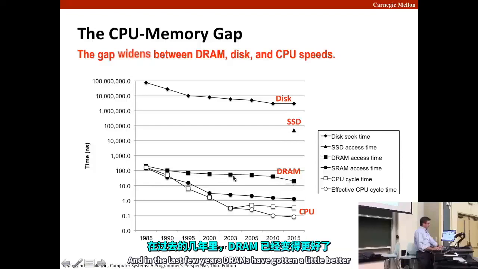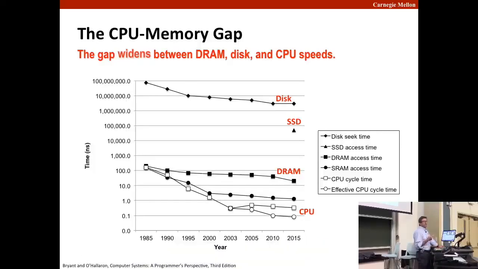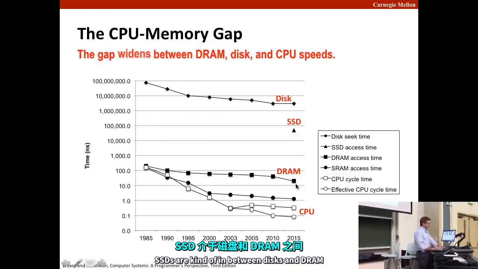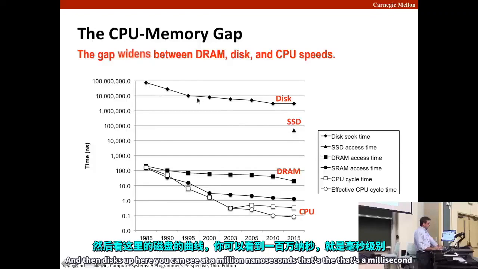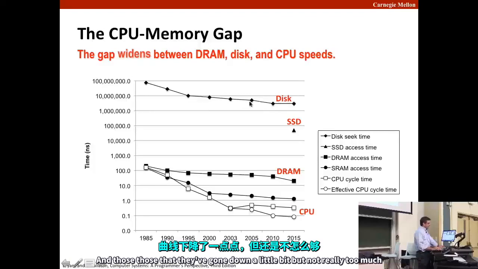In the last few years, DRAMs have gotten a little better, but they've proven surprisingly difficult to make faster. SSDs are kind of in between disks and DRAMs, and then disks up here you can see at 1 million nanoseconds, that's a millisecond. So disks are in this millisecond range with access times, and they've gone down a little bit, but not really too much.